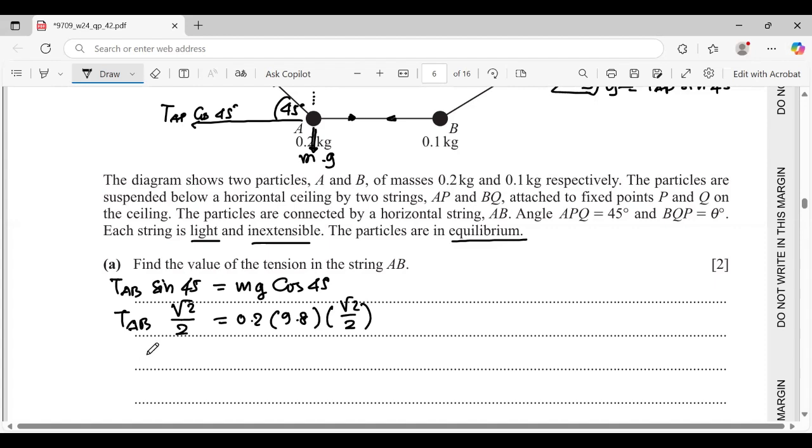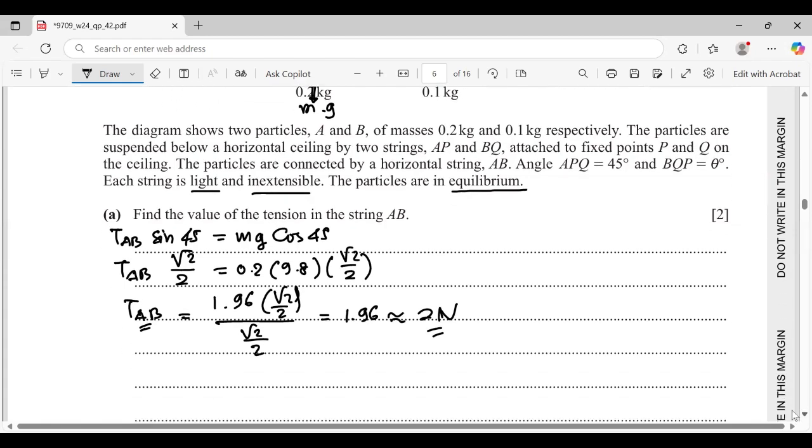So we can determine tension AB equals 1.96 times square root 2 over 2 divided by square root 2 over 2. So it is 1.96, or approximately 2 newtons. So tension AB equals 2 newtons.